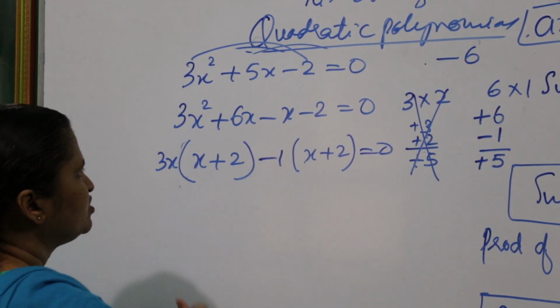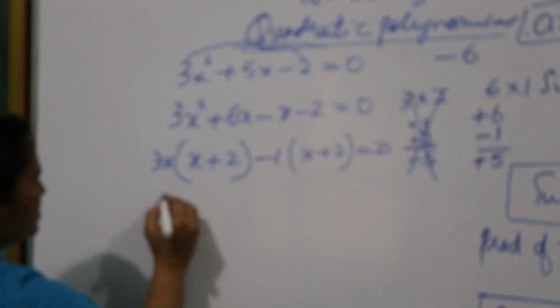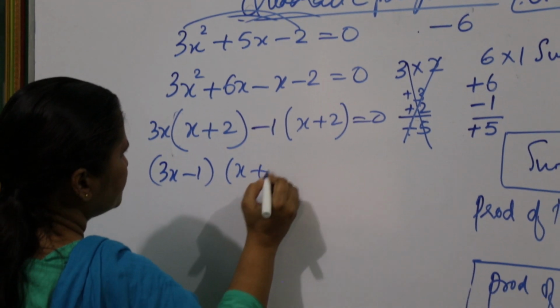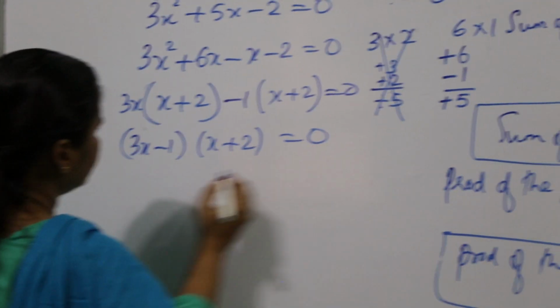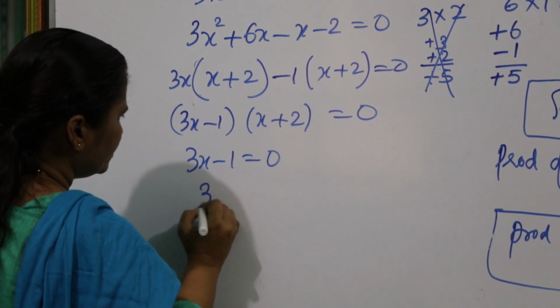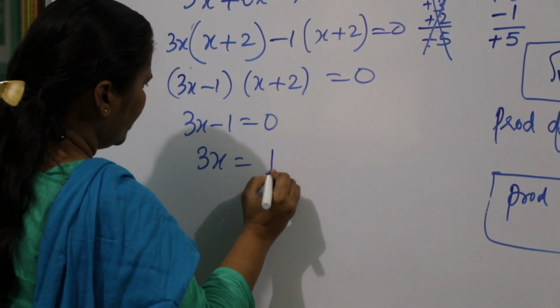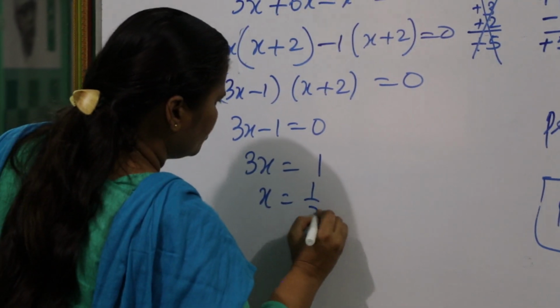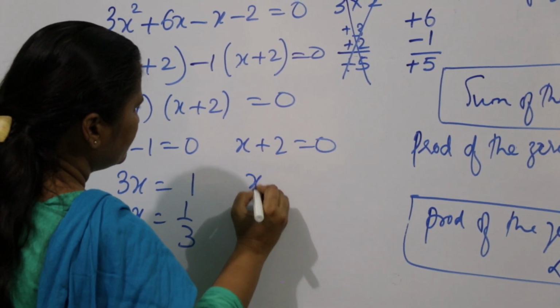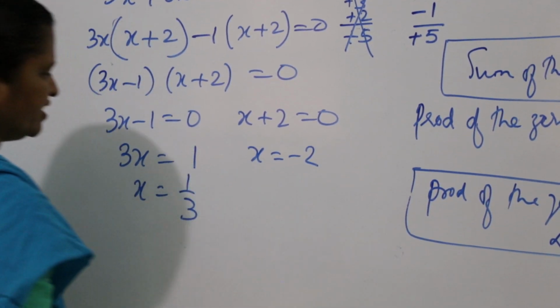Right? So 3x minus 1 times x plus 2 equals 0. 3x minus 1 equals 0, 3x is equal to 1, x is equal to 1 by 3. X plus 2 equals 0, x is equal to minus 2.